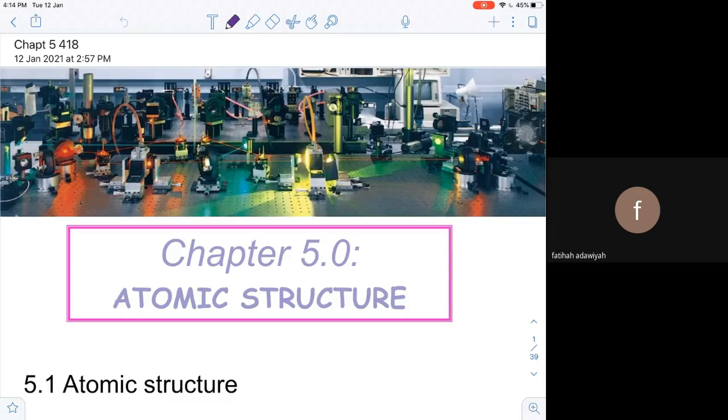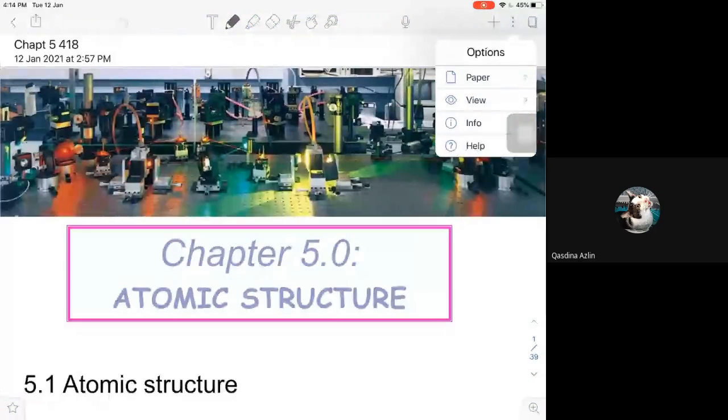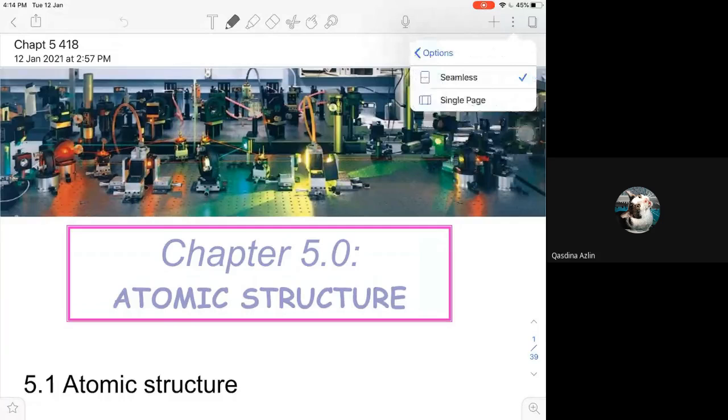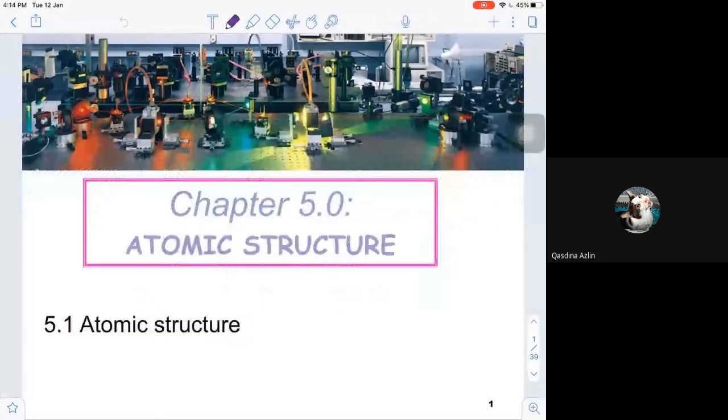Atomic structure in the textbook? Tengah cari. For 05 ke madam?